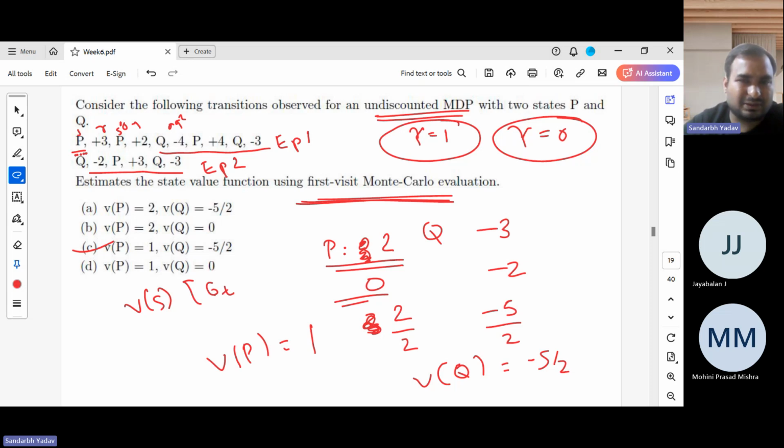Maybe here it's not discounted, but that return is there, given that the starting state is this. So this is our starting state and we are given first visit, so the first visit of Q is here. Then minus 4 plus 4 is minus 1. Okay, did I make a mistake? No, it's correct. Minus 4, these two is 0, and minus 3. Yeah, it's minus 3 only. I hope you got this.